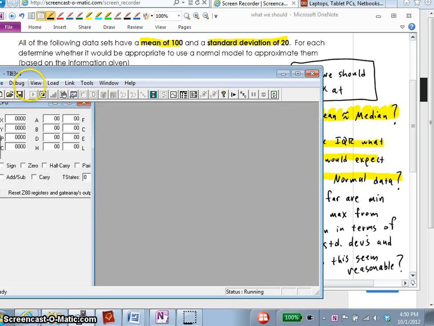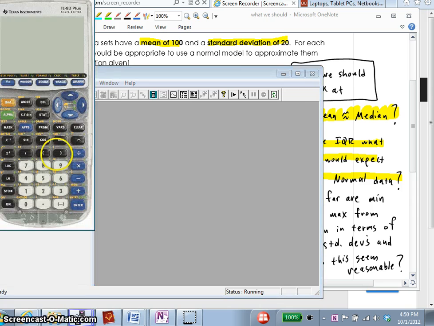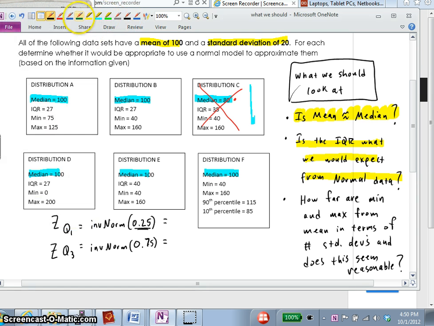We've done this before. Bear with me for a second. We do inverse norm of 0.75 and inverse norm of 0.25. We shouldn't be surprised that those are opposites because normal models are symmetrical. And so we can see that this is negative 0.674, and this is positive 0.674.